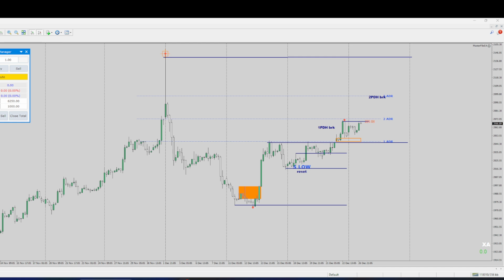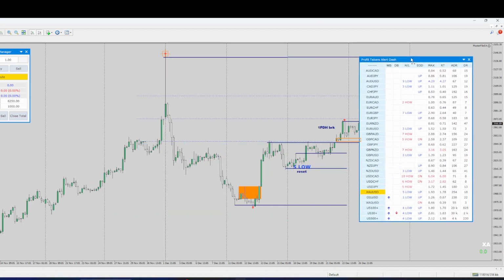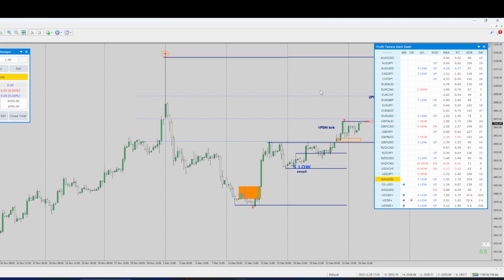And of course, you guys know we have the Profit Takers Alert dashboard available to you all. I'm just going to slide this over here so you can see. This tool right here is going to enable you to quickly search through some opportunities.